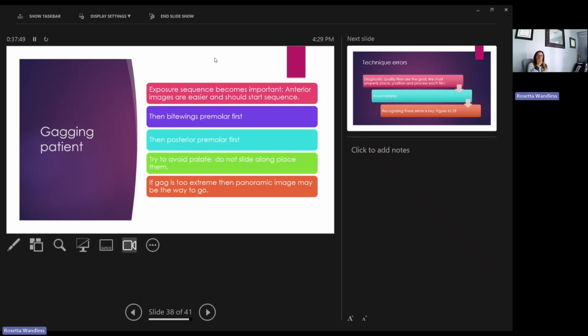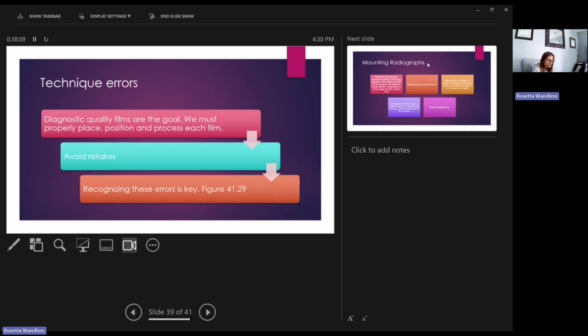Boom, boom. The quicker or the more efficient way we do that, the less time they have a thought to actually trigger that gag. If the gag is too extreme, then maybe a panoramic image may be the way to go. Again, that's going to be a provider decision, but may be an option.